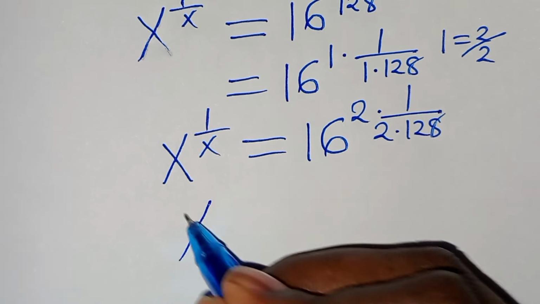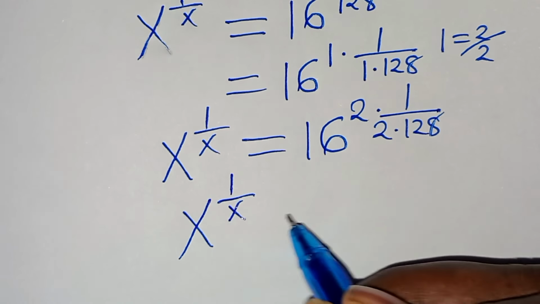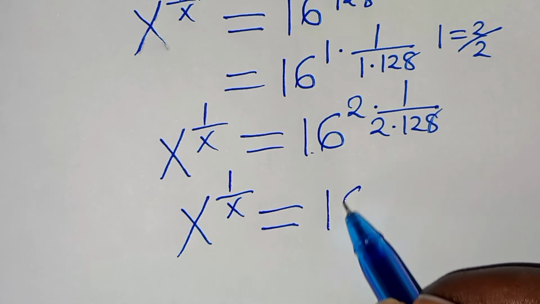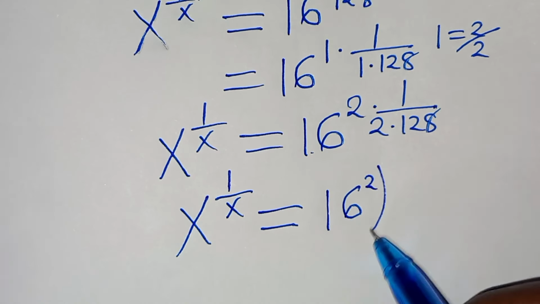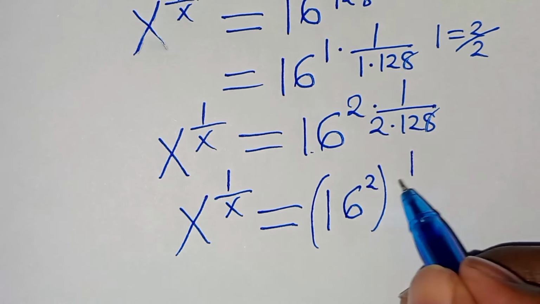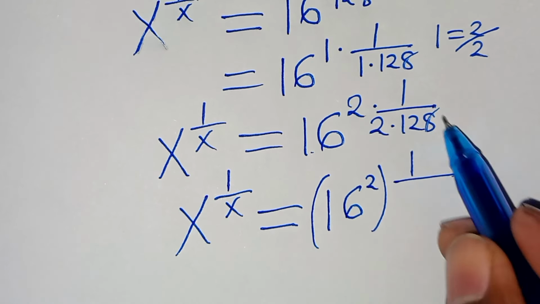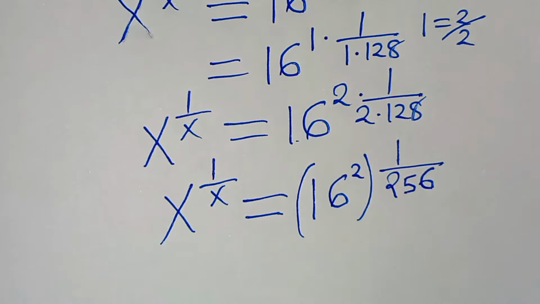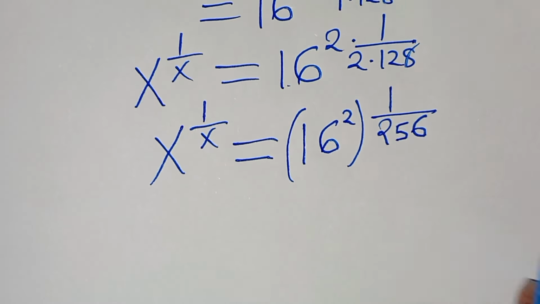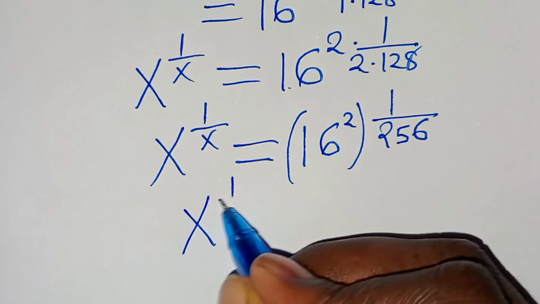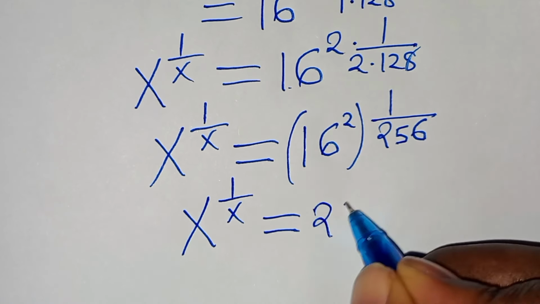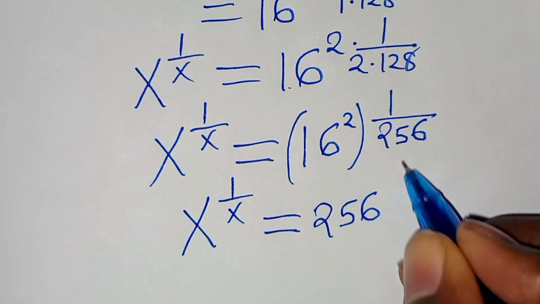So therefore we have x to the power of 1 over x equal to 16 raised to the power of 2 raised to the power of 1 over 2 times 128, and this is 256. So we have x to the power of 1 over x equal to 16 squared, which is 256, raised to the power of 1 over 256.